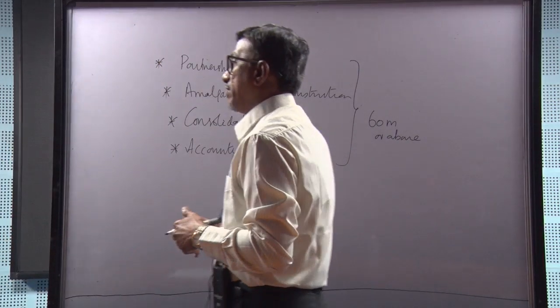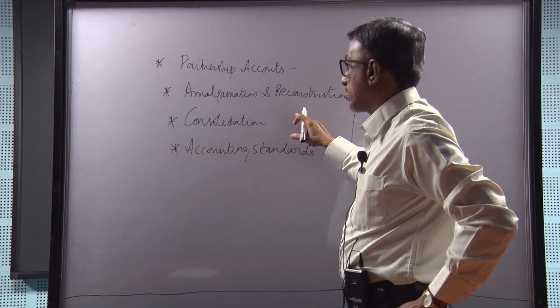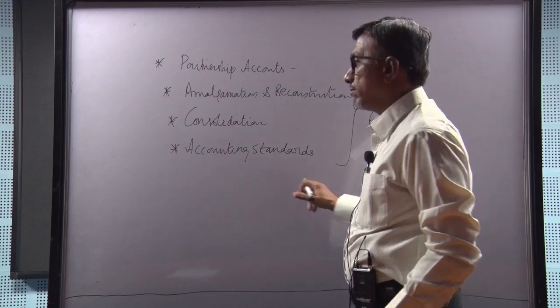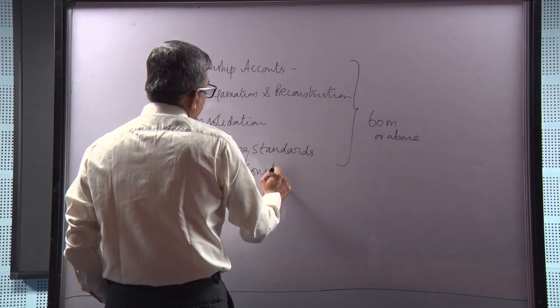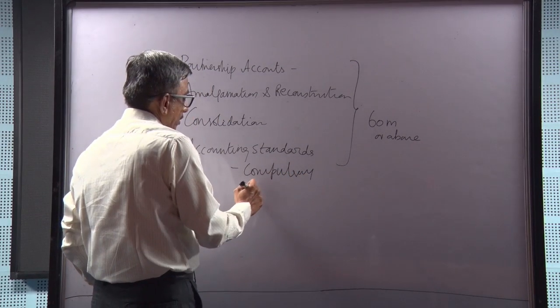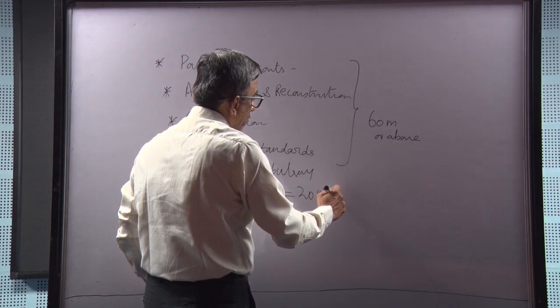Amalgamation, again 15-20 marks. Consolidation, at least 15 marks, if not 10 marks you will get. Accounting standard, it's always going to be a compulsory question, question number 1. That is sure for 20 marks in the exam.